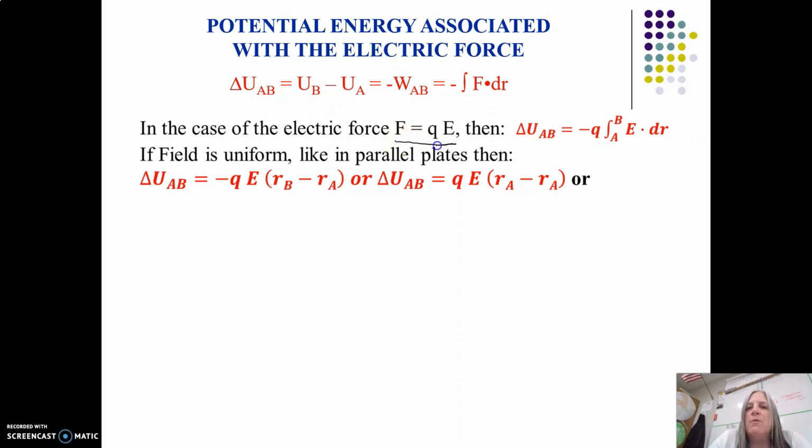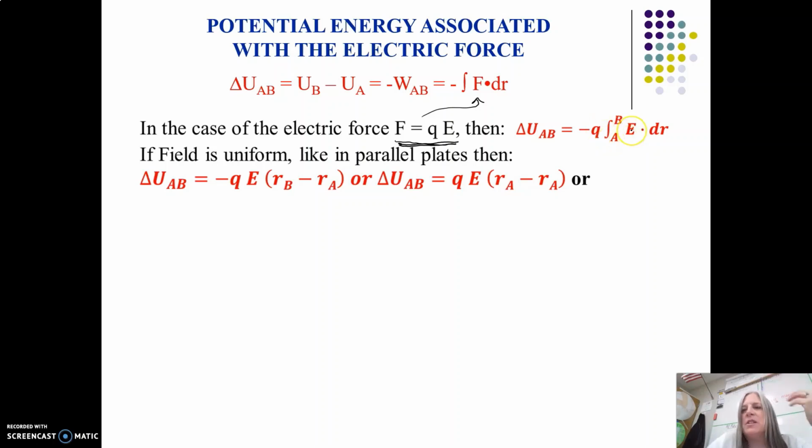One equation we have, which works with parallel plates and with all things, is that the electric force is the electric field times the charge that we put in the electric field, not the one that's creating the electric field. So if we put this equation in, then we get that the change in electric potential energy is the negative integral of Q, the charge that we put in the field, times E times dr. We take an integral of position from A to B.